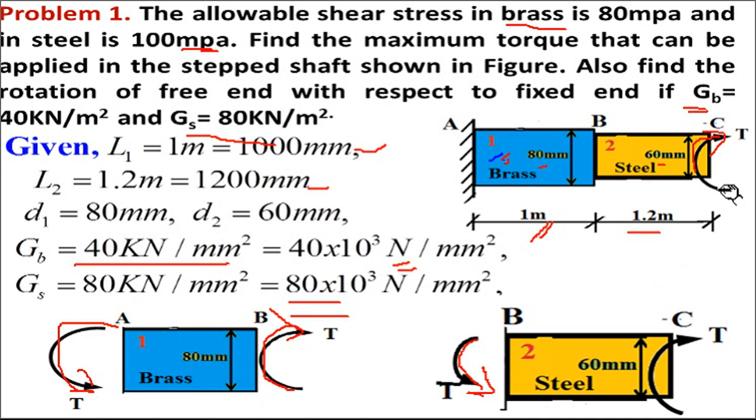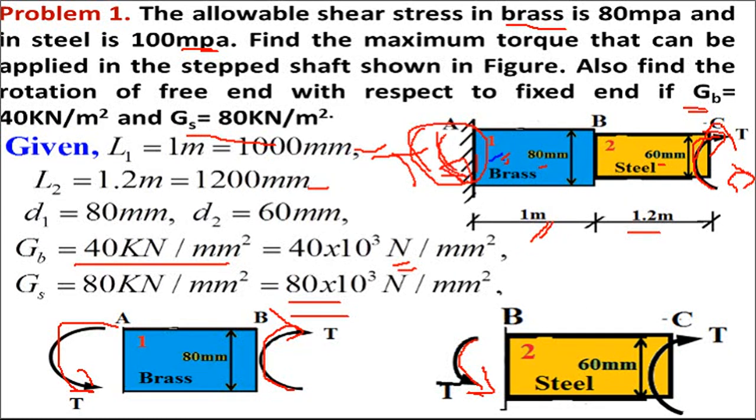Means if torque T is acting at this end, here there must be an anti-clockwise torque of the same magnitude T. If you separate this diagram, the torque will apply like this: clockwise, anti-clockwise, clockwise, anti-clockwise. So the net effect at the end should be an anti-clockwise torque acting at the fixed end.